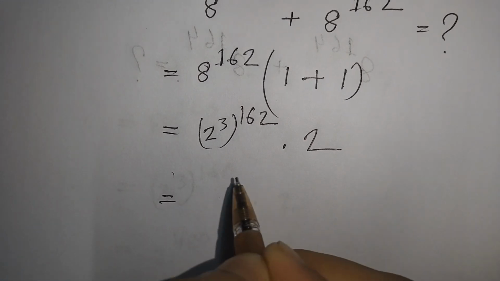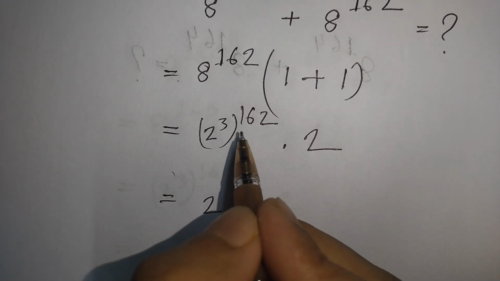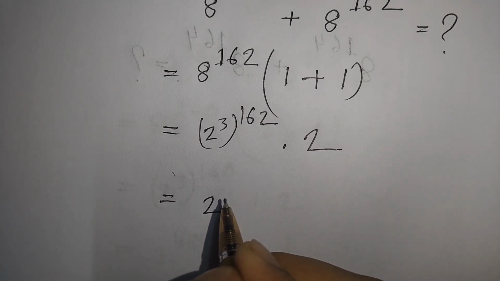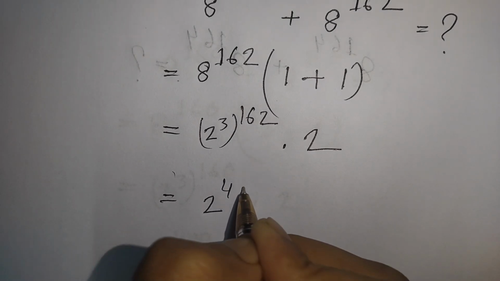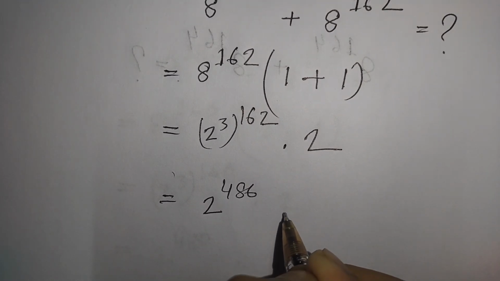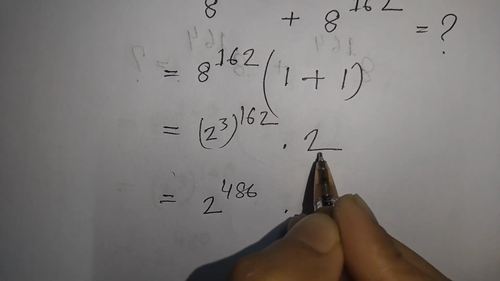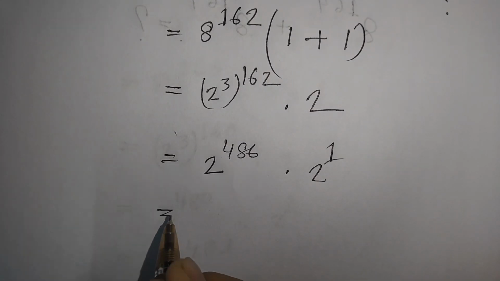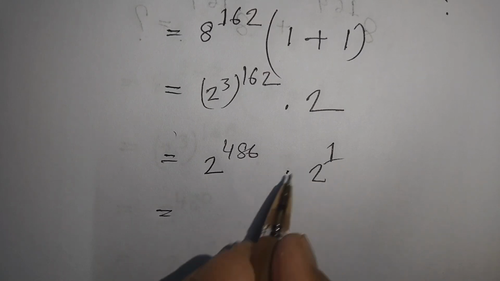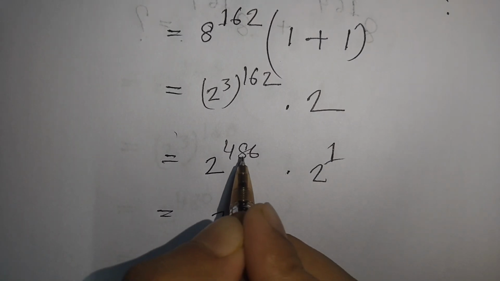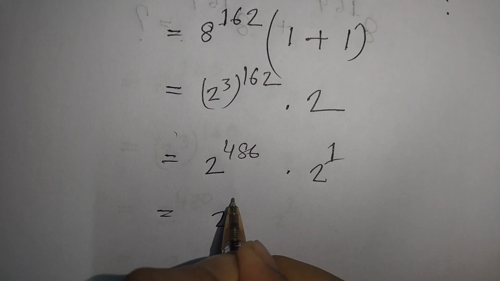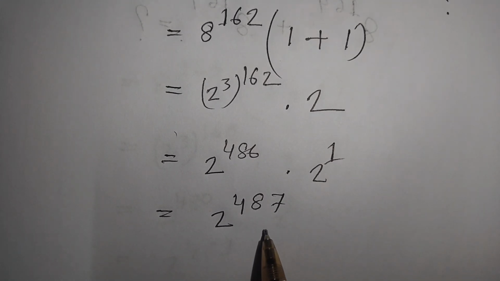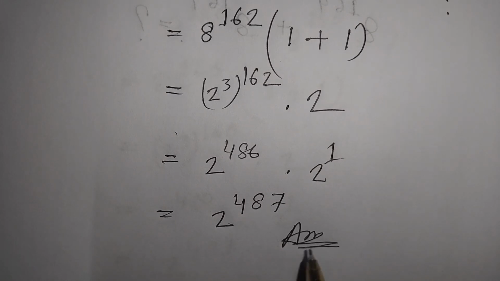Now 2 to the power 486 times 2 is the same as 2 to the power 1. Now we see that these have the same base but different powers, so we can write 2 to the power 486 plus 1, that means 487. So 2 to the power 487 is the correct answer.